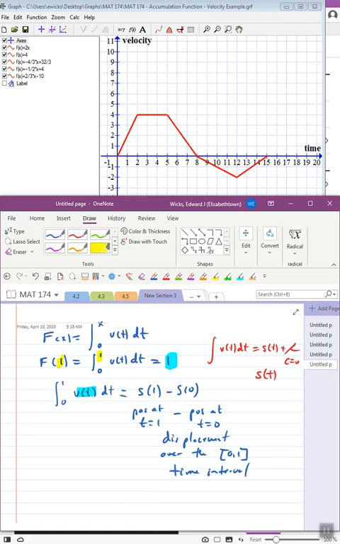Okay, so this is what we mentioned the other day. If your velocity function is positive and you integrate from one time to another, the answer you get, which would be area under the curve, would also be interpreted as distance traveled. So from 0 to 1 second, this object went, let's say, 1 foot, if this was all in feet and seconds. With me so far?